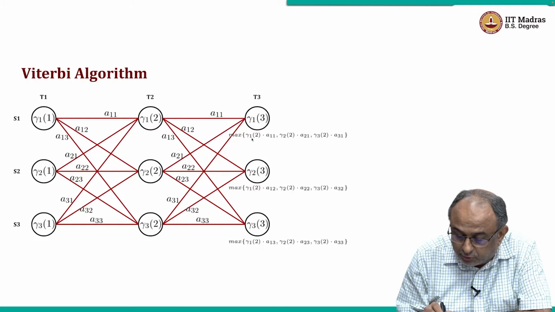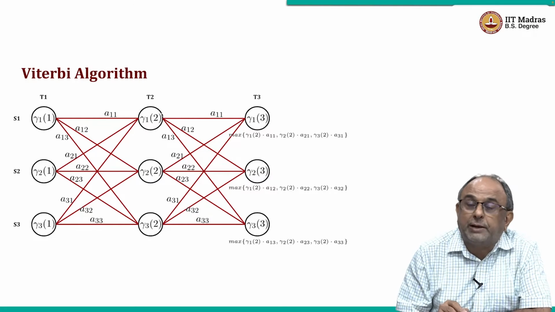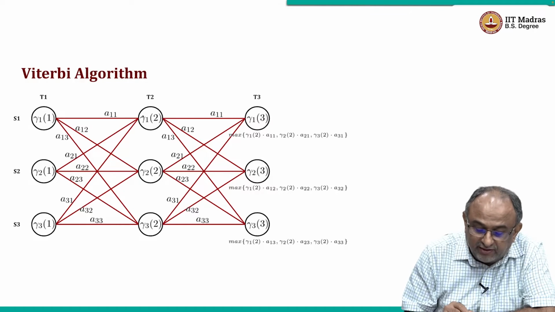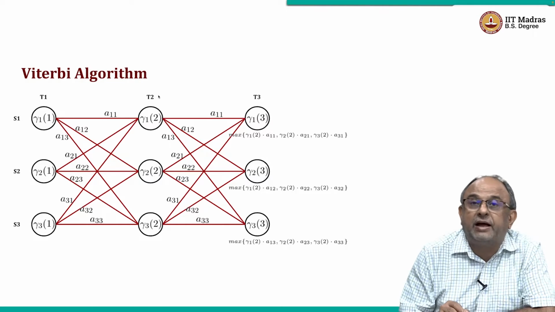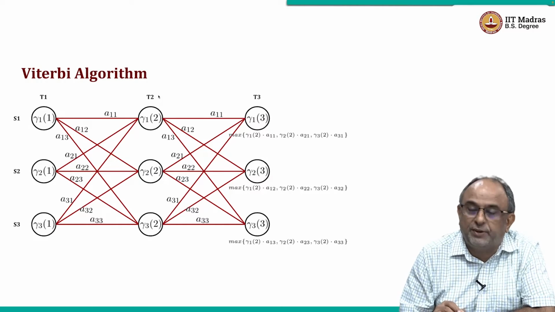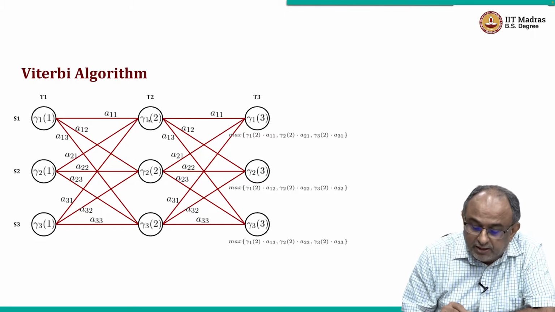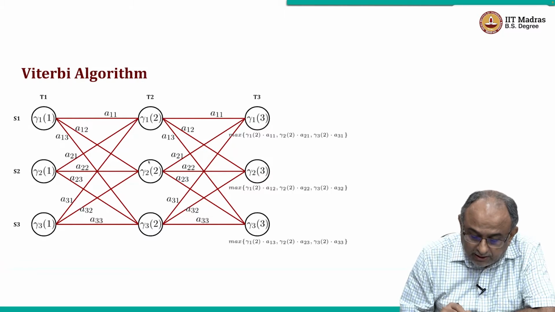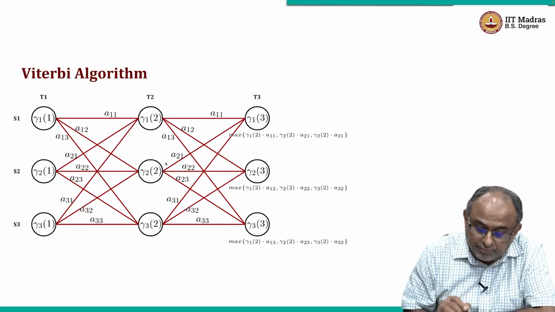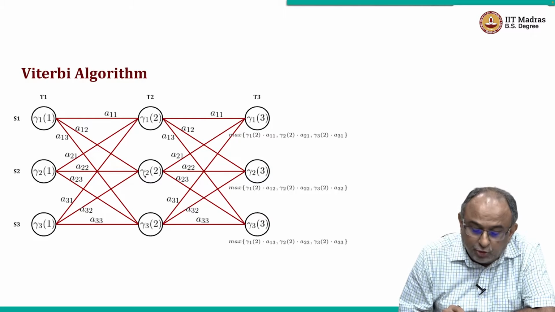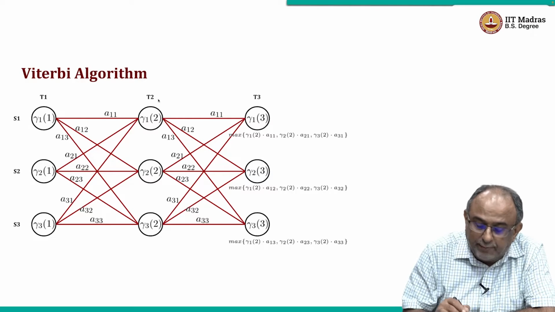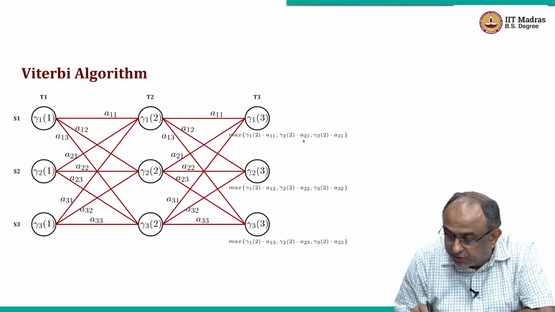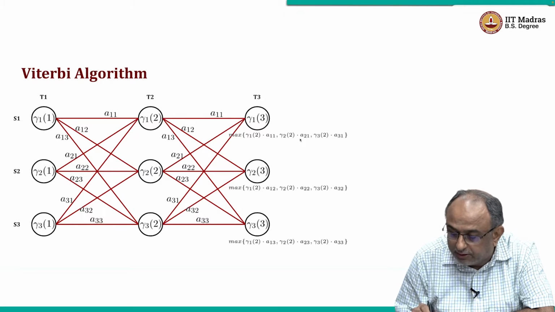This gamma 1, 2 captures what? What is the maximum probability to be in state 1 at time instant 2? I have already found out the best probability that I can have. Now I am multiplying by A11. Similarly, gamma 2, 2 says what is the best probability that I can have to be in state 2 at time instant 2. Then to come here I need A21. That is what I am doing here, A21.